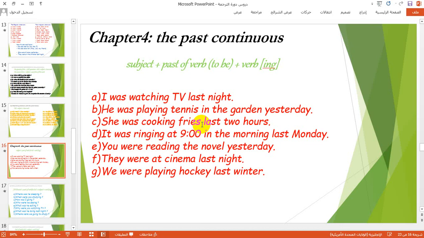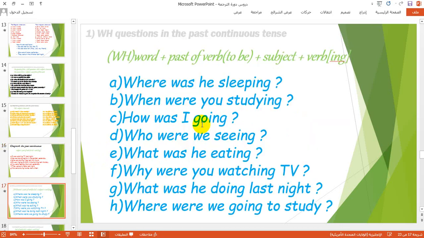Okay, this example is for the past continuous, and it is a normal sentence. Let's move now to the next slide, and it shows how we should use the past continuous in WH questions. As you see here, we have the form of the WH questions. We should start first with the WH word.